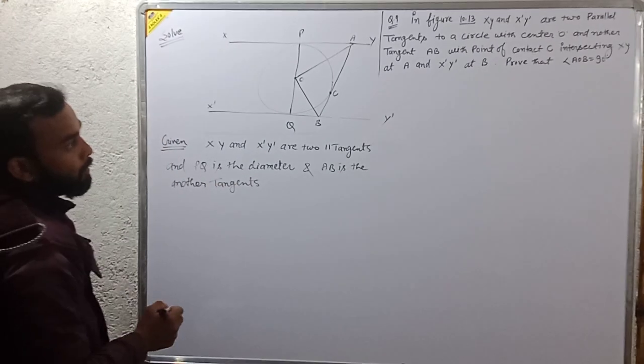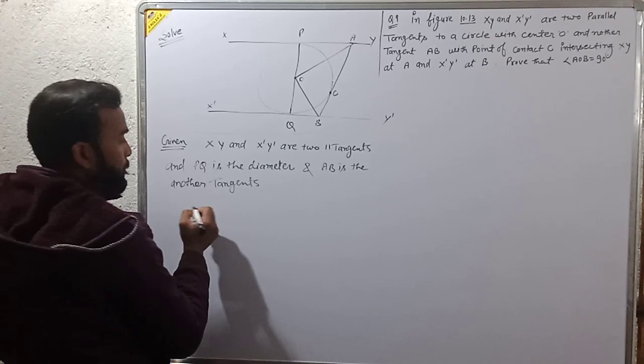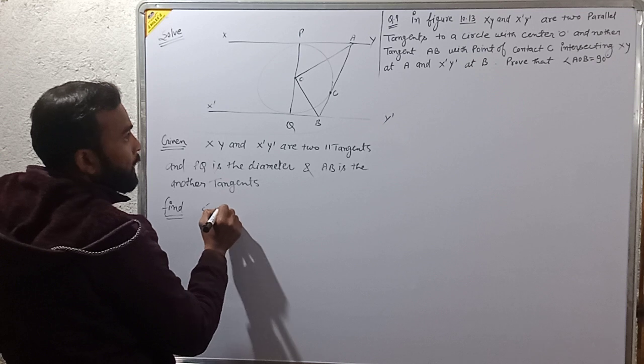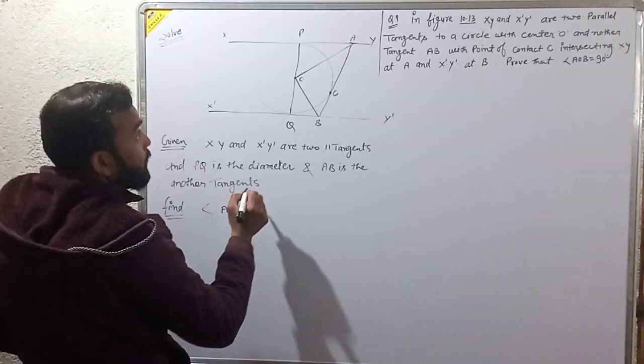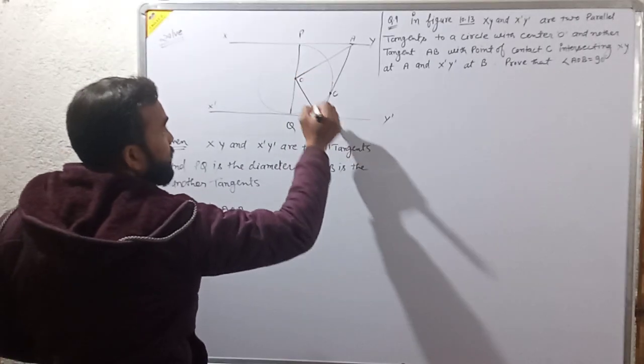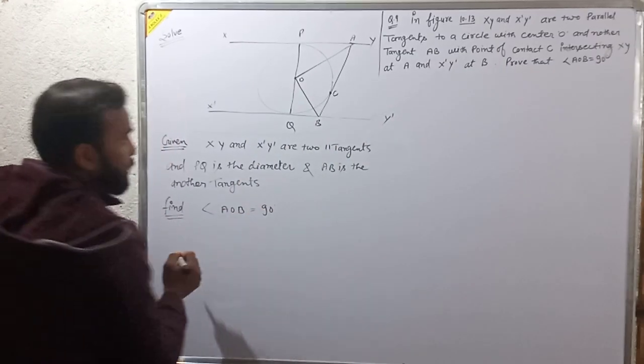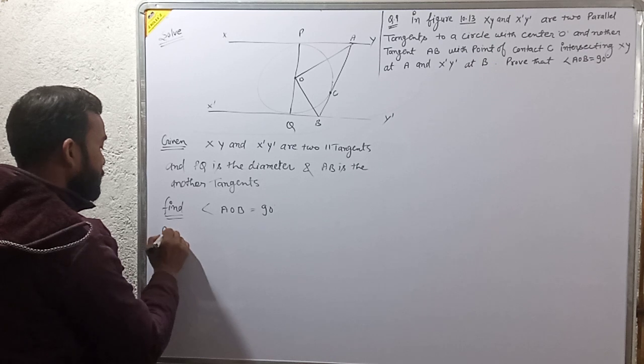Clear? Find angle AOB. Angle AOB is equal to 90 degrees. Clear? Proof.